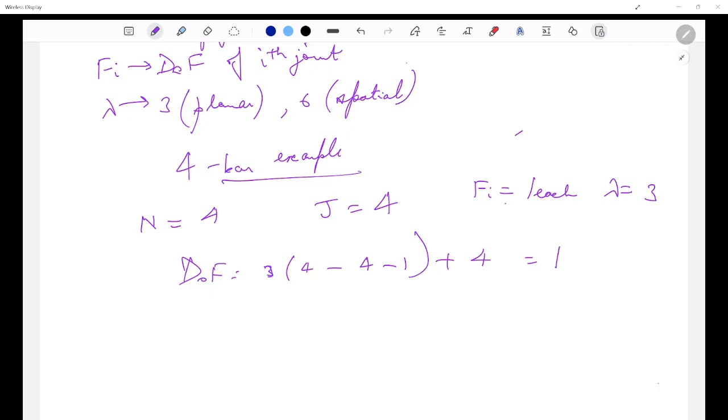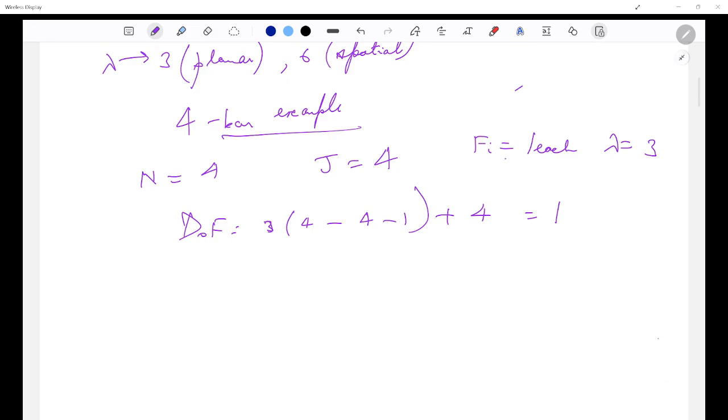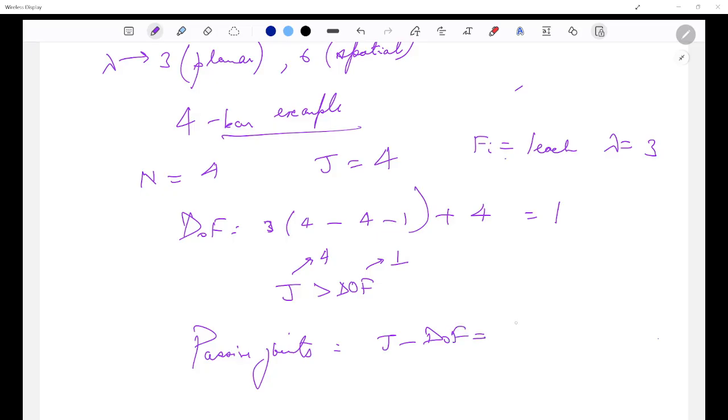All right. A very important statement here is that J is greater than the degree of freedom. J was 4, degree of freedom is 1. It is very important in the case of parallel manipulators. So what is the number of passive joints? It is J minus degree of freedom, which is 4 minus 1, which is 3.